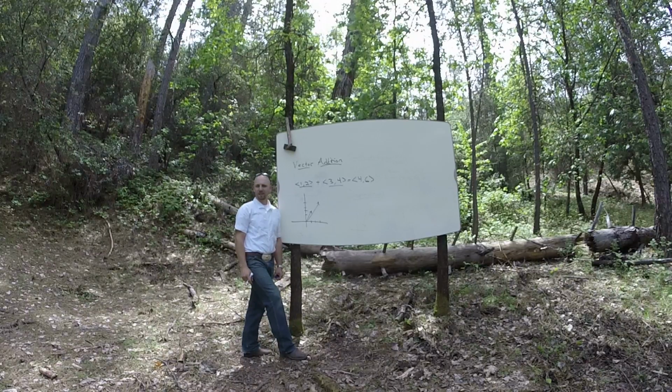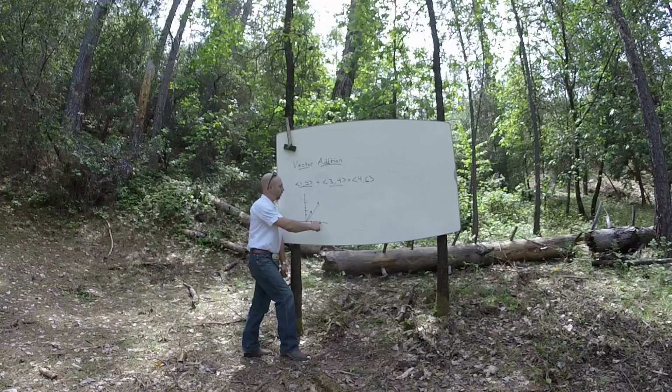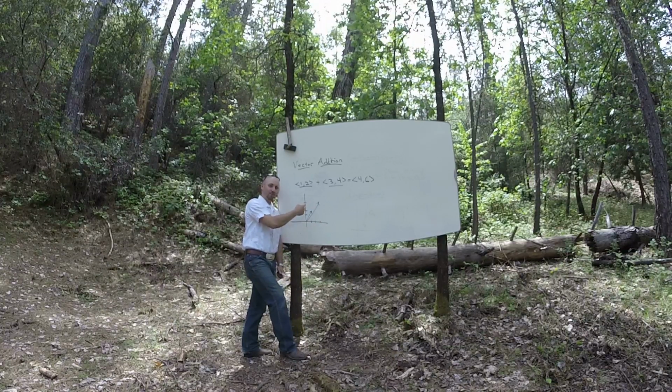And then how do I add these together? Stick one on the end of the other, right? So if I stick the idea of over 3, up 4 onto the end of the idea of over 1, up 2, what are you going to end up doing? You're getting 1 over from the black arrow and 3 more from the blue.